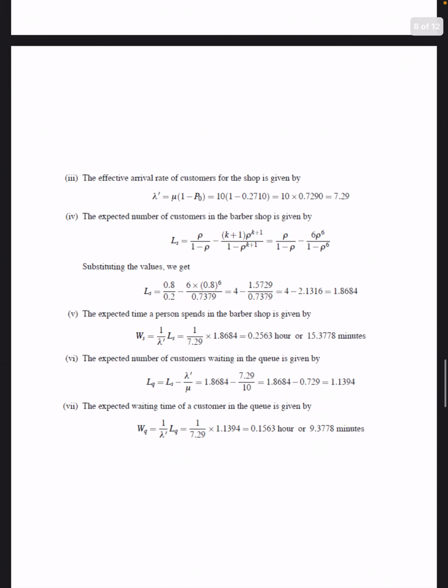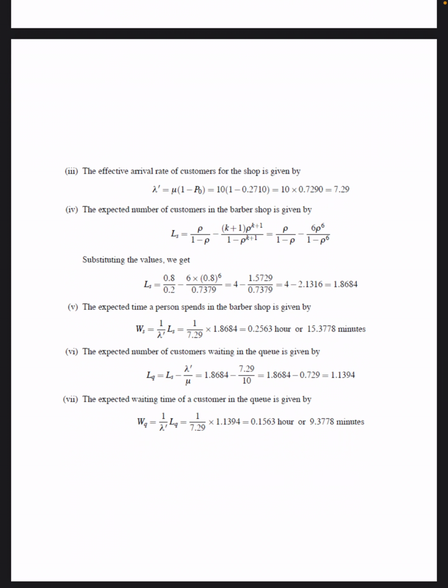Then the effective arrival rate of customers lambda dash is equal to mu into 1 minus P naught, that is 7.29. Then Ls we are getting rho into 1 minus rho k plus 1 into rho raised to k plus 1 by 1 minus rho raised to k plus 1.